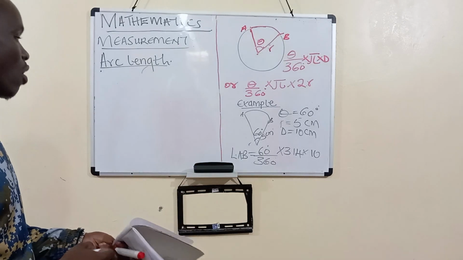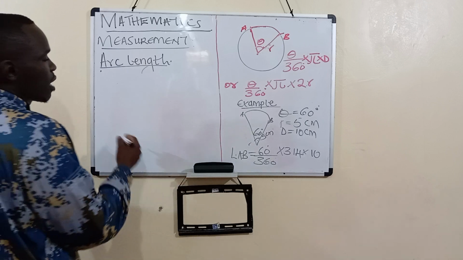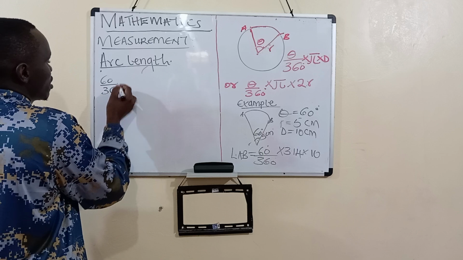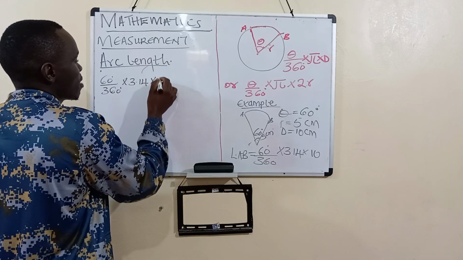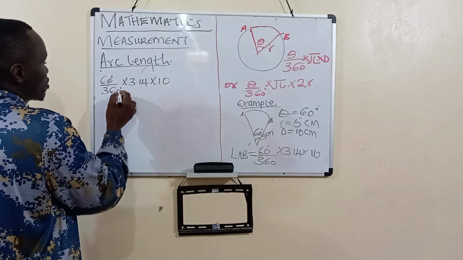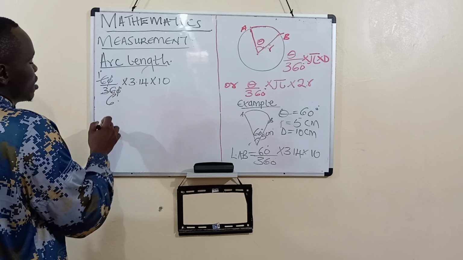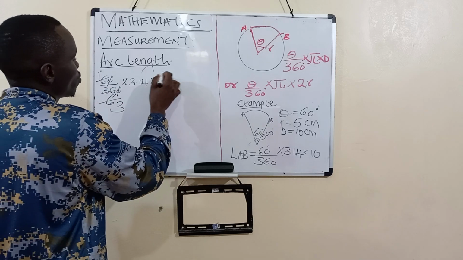So in this case now, to get the value, let me redo it here. 60 all over 360 degrees multiplied by 3.14 multiplied by 10. Now this one cancels by 6, 1 by 6, 6. Then by 2, 3 by 2, 5.